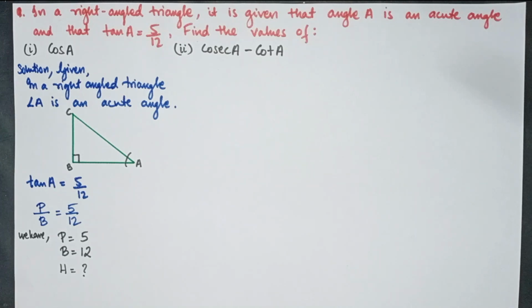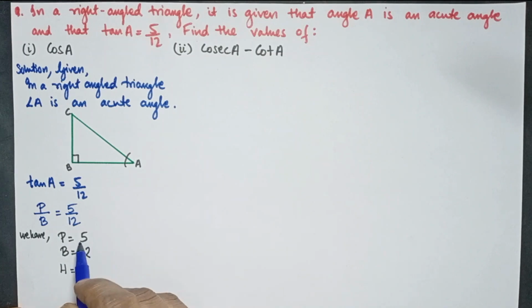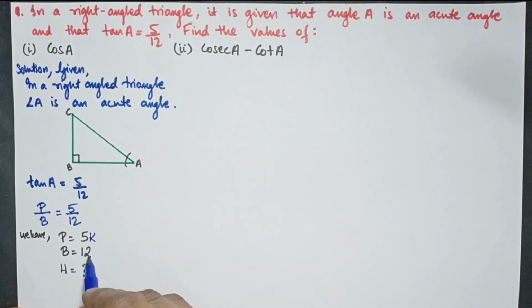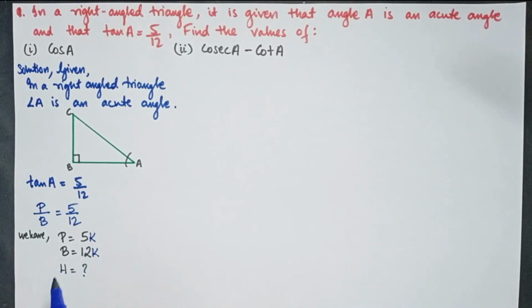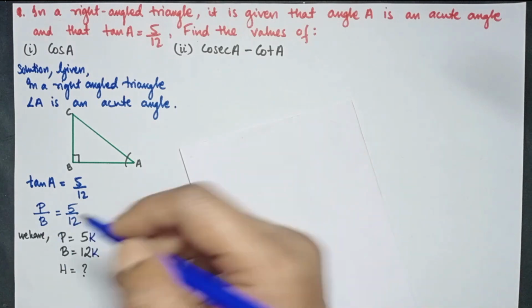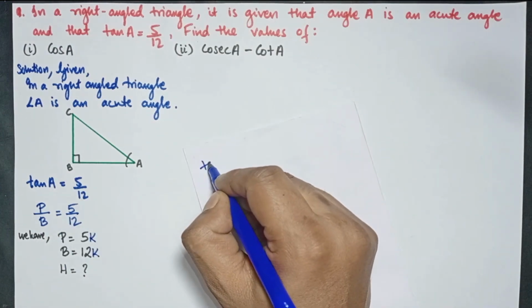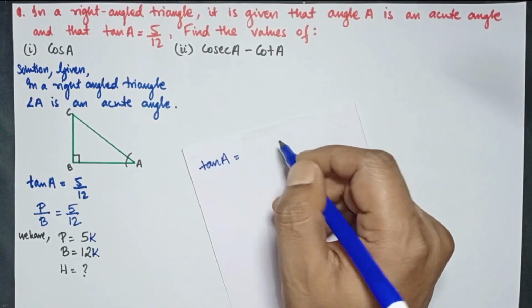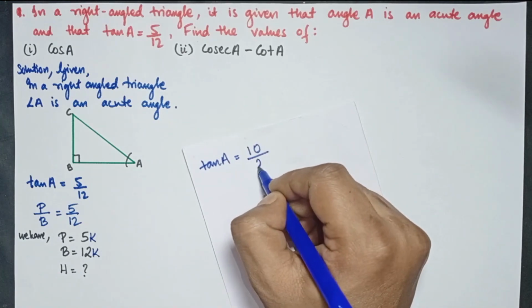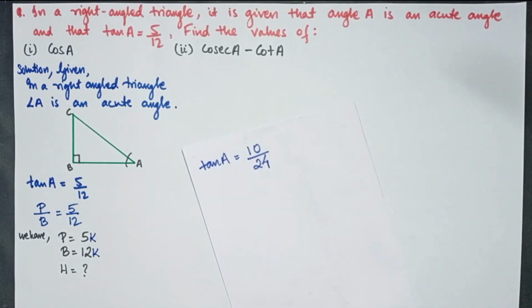Now there is a rule in ratios: we will not take 5, we will take 5k, and 12 will be 12k. Why do we take this ratio? Suppose I give you the same example. Tan A, suppose I write 10 upon 24. Can I take this 10 upon 24, yes or no?